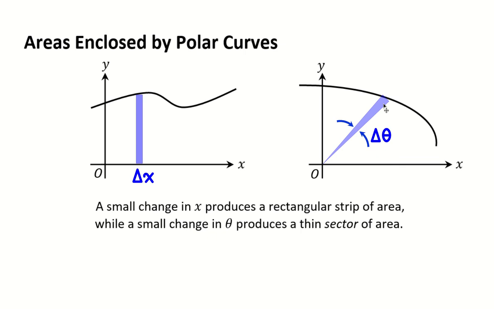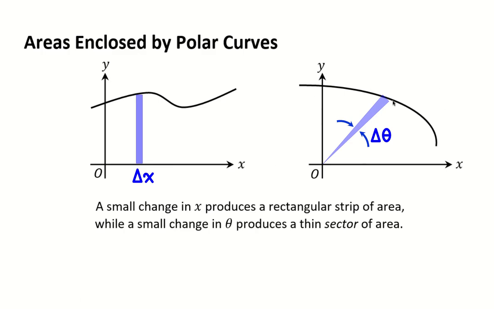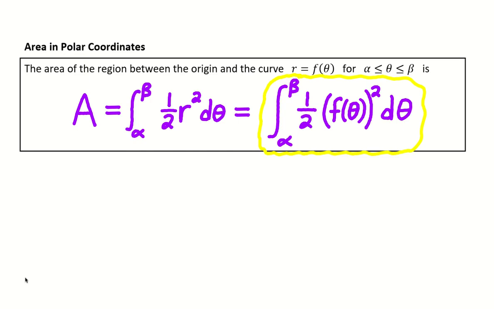Okay? So we're going to be doing delta theta and accumulating area like this. It might be a little bit heavy at first to wrap your brain around, but some of the good news is that if we start a little discussion from this concept, ultimately we're going to end up with this formula.